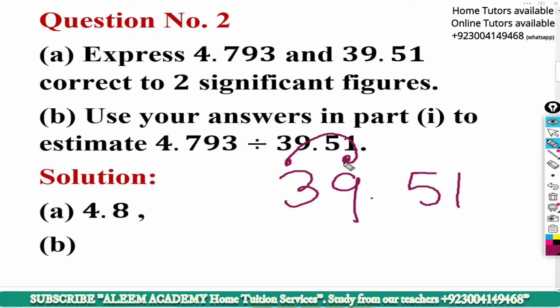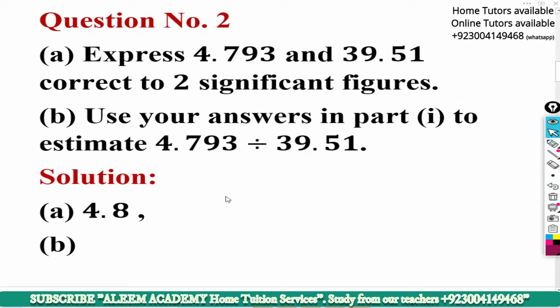Alright, so this is 39. See what is the number after 9. We have to round off the second number, 9. So what is after 9? That is 5. So 9 will be moved to the next number, and these two numbers will be changed. 39 will become 40. So the next number we are writing here will be 40.